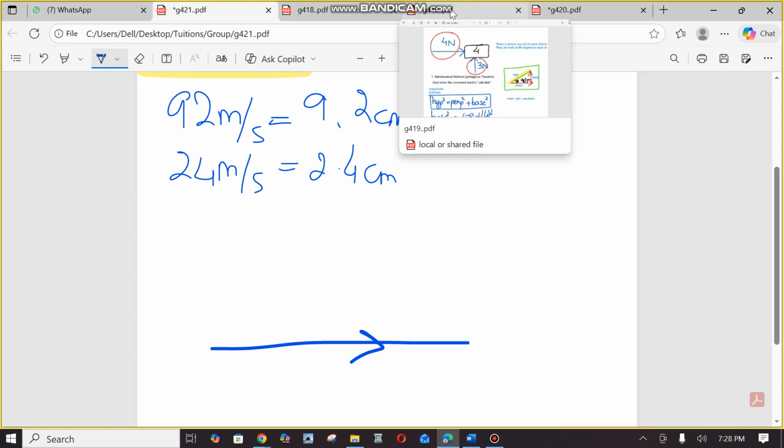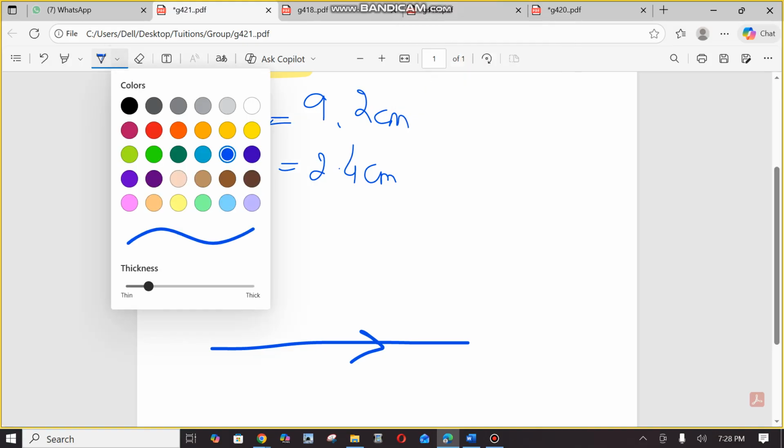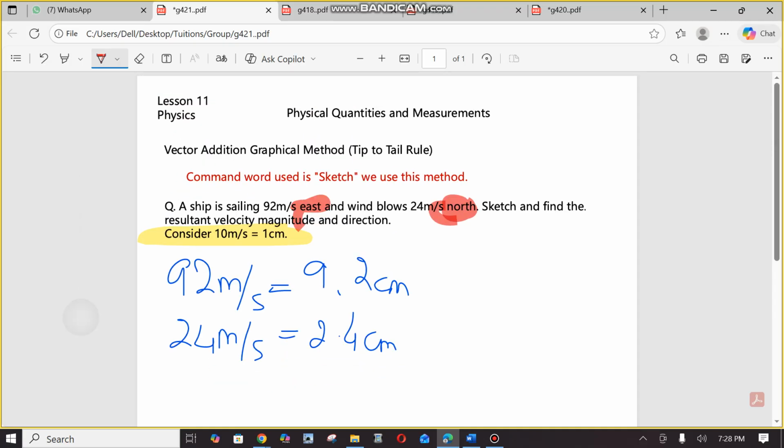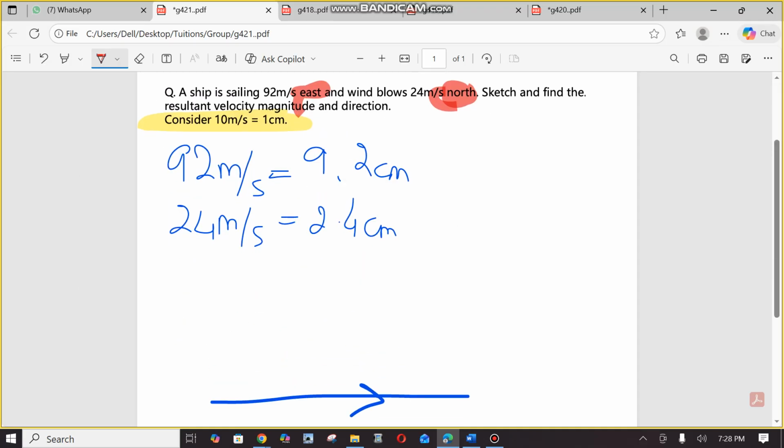Now from the tip of the first vector, I'm going to draw the tail of the second vector, because 24 meter per second was north. From the tip, the arrowhead, we will draw 2.4 centimeter. So this is the line of 2.4, and the lower one is the line of 9.2.